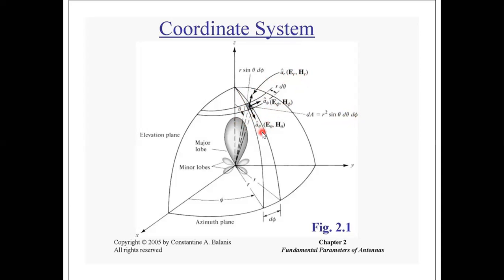In the direction of theta, they are E theta and H theta. This is always the standard representation for calculating fields in antennas. This plane is called the elevation plane because it is the vertical plane, and this is called the azimuthal plane, also called the horizontal plane.